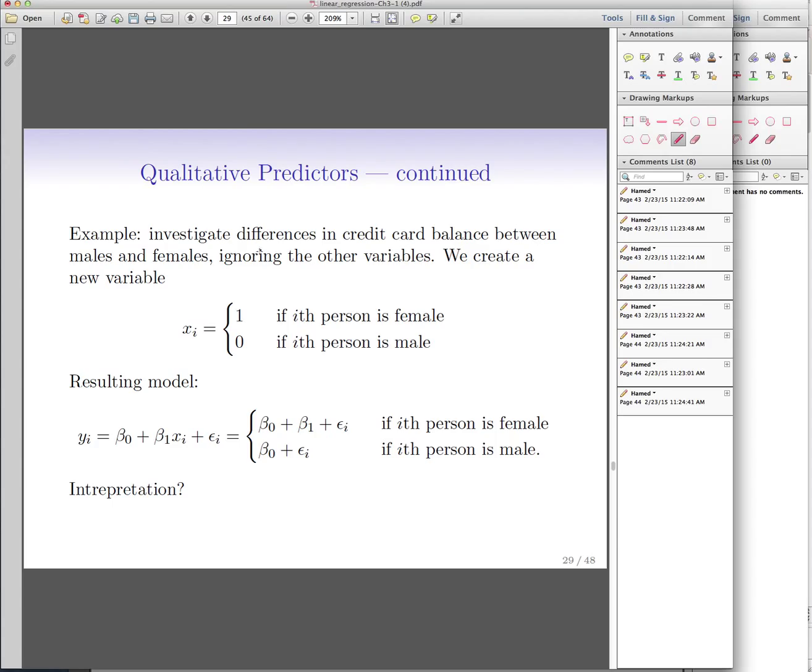In order to use dummy variables, you just pick a category. So here let's focus on gender. Gender, you can have females or males. So in dummy variable version, you define an auxiliary variable.